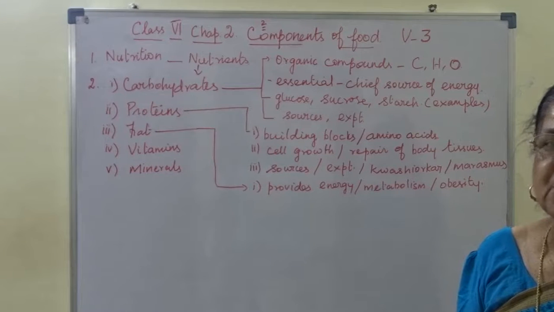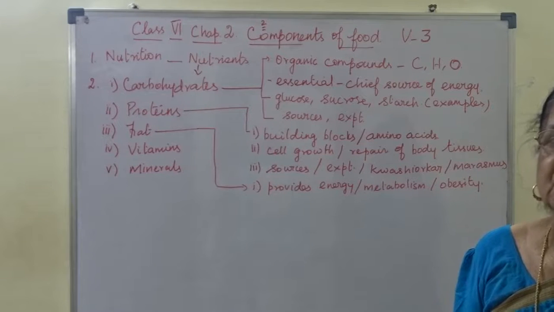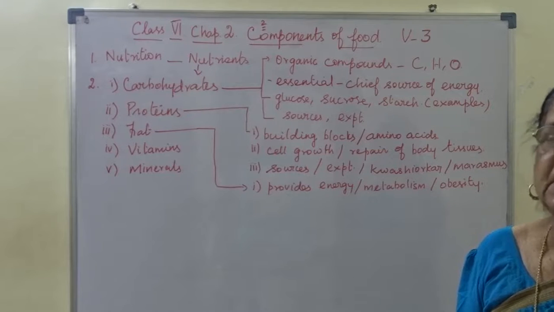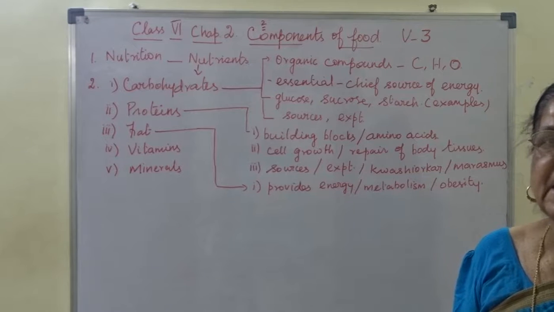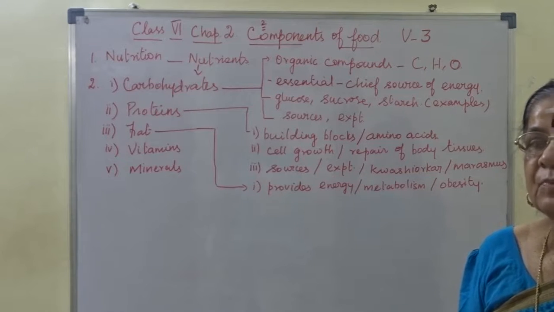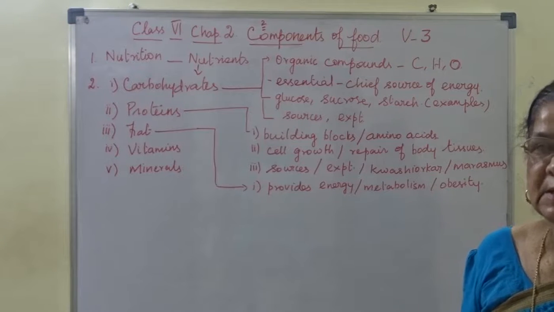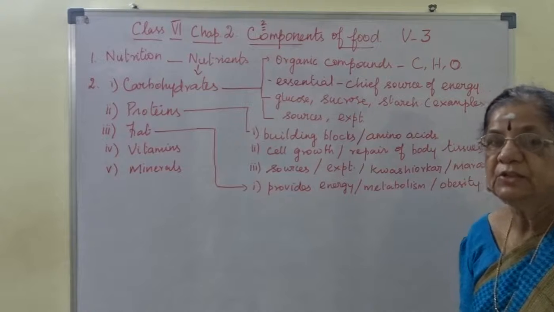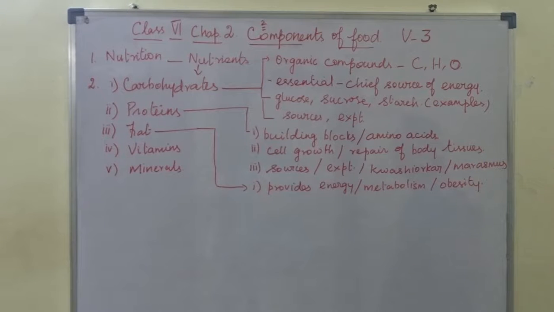So the mode of taking food, to provide energy and to repair the damaged cells and tissues, is nutrition, and the content of this is called nutrients. So the nutrients are carbohydrates, protein, fat, vitamins and minerals.